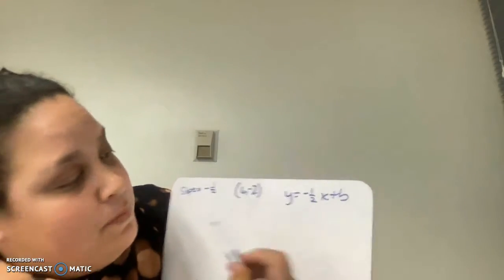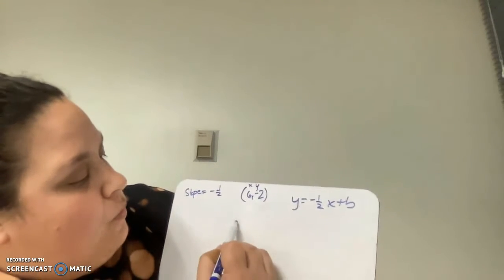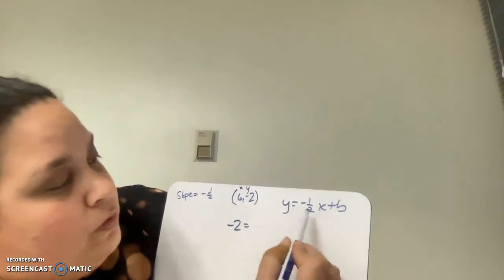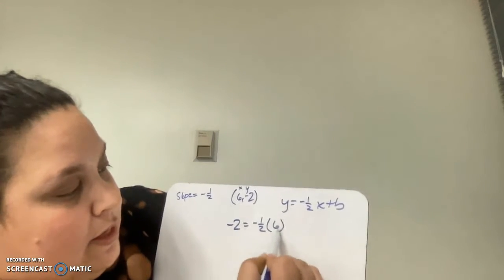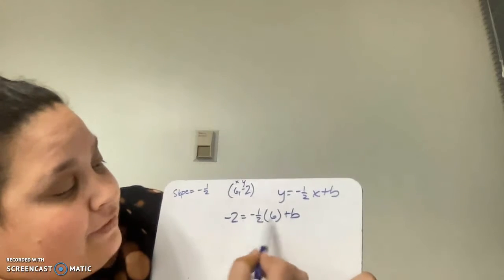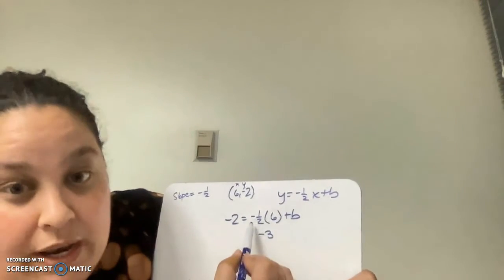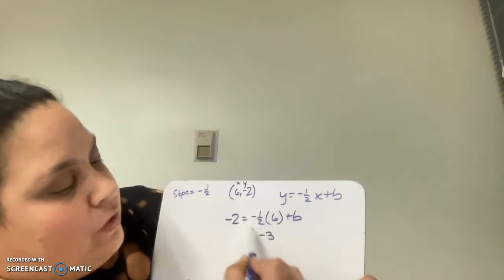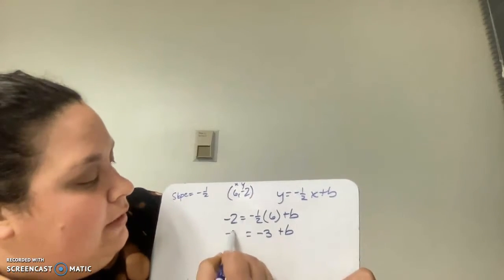So in order to find my b, I'm going to take and plug in my x and my y. So my y is -2 equals -1/2 and then a 6 plus b. I'm going to take half of 6, which is -3, because it's -1/2 x. So this will be -3 plus b equals -2.